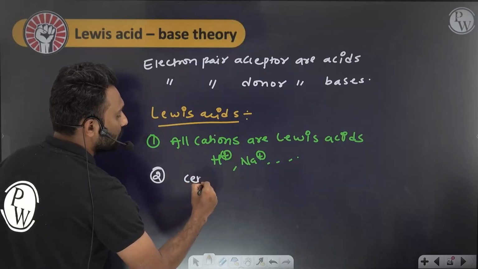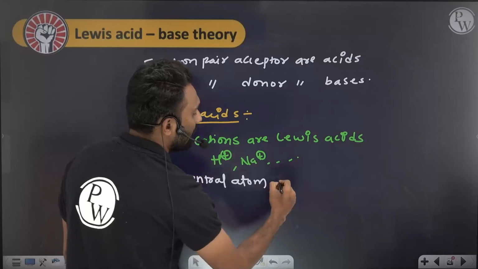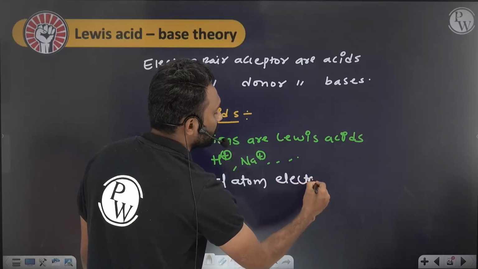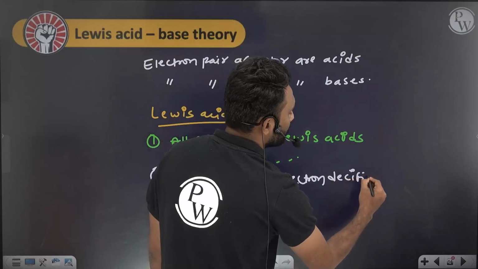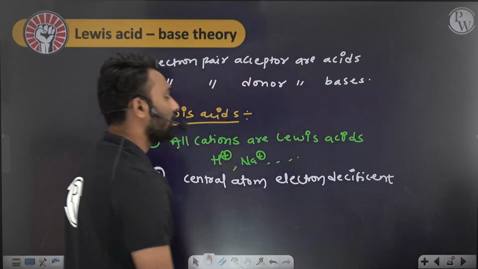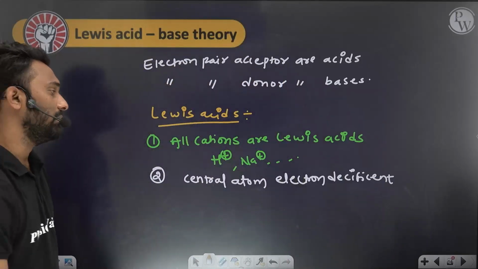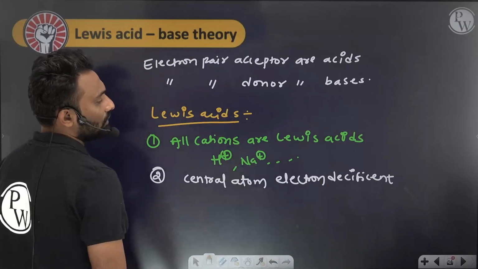Central atom electron deficient, or if the octet is not completed, that also we call as a Lewis acid. Central atom electron deficient.